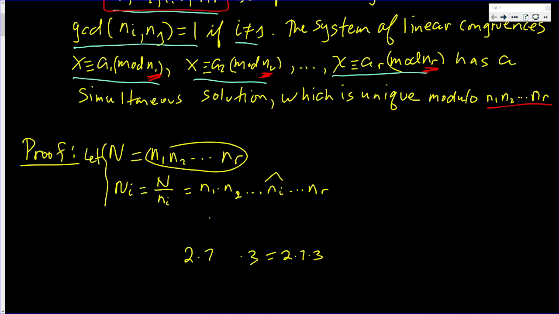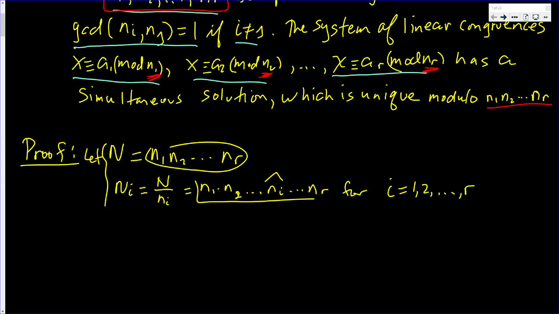But it's a lot easier to write this than to write n sub i minus 1, skip n sub i, pick up at n sub i plus 1, and then go to nr. They both mean the same. It's just a little easier. Okay, so that's the definition. And of course, this is for any i equal 1, 2, up to r. That is, capital N sub i has now been defined for i between 1 and r.